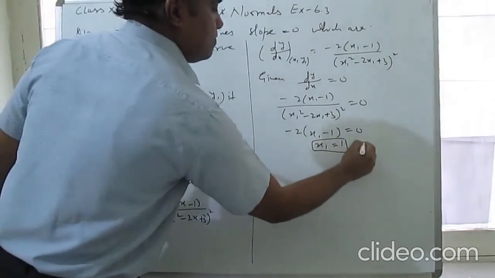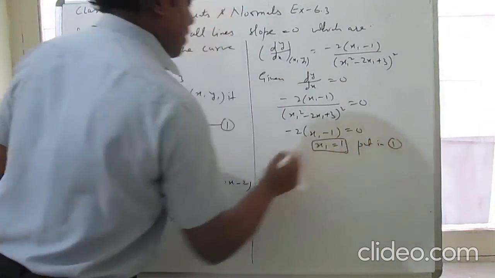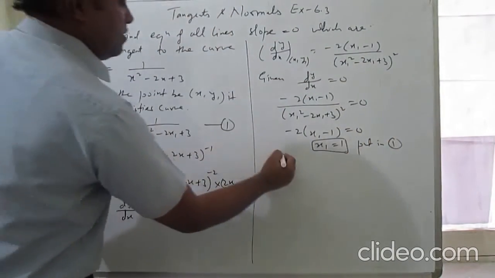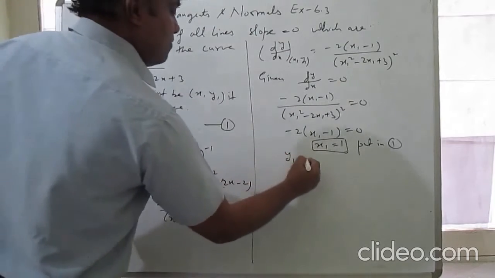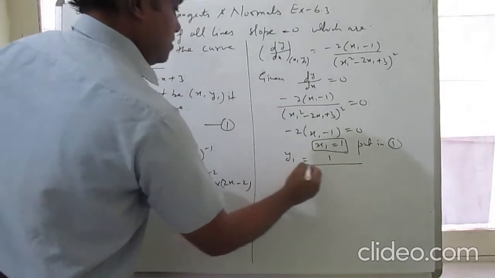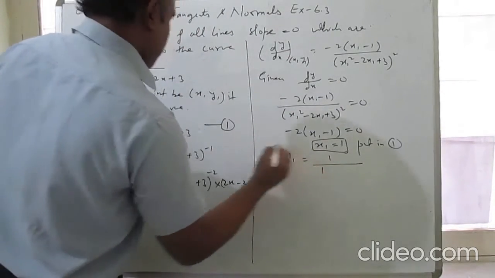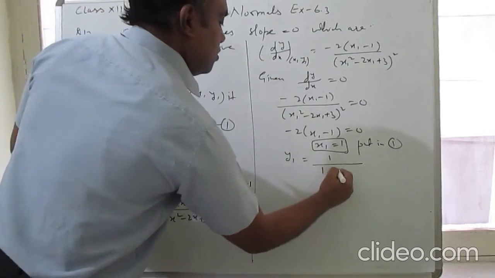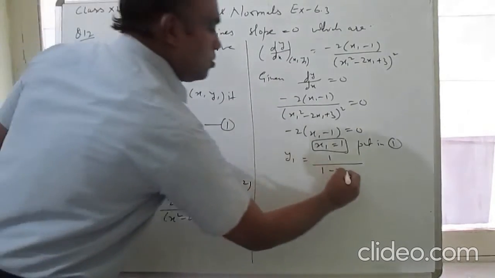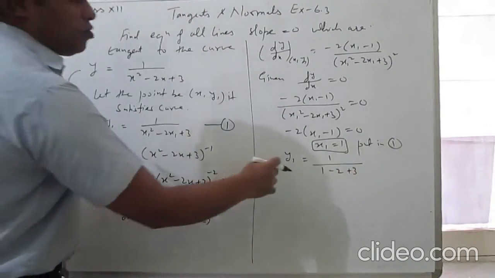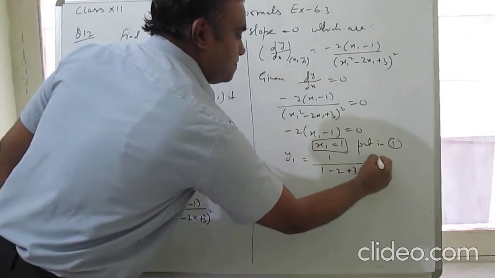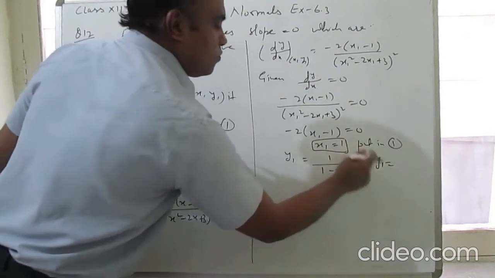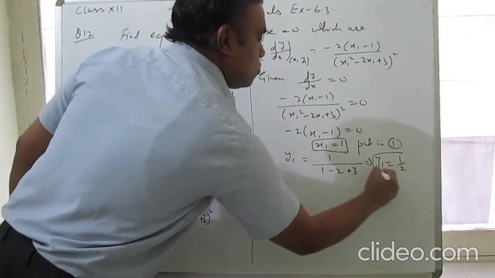Put in 1, you will get y1. You will get the points. y1 will be 1 square, which is 1, upon 1 minus 2 plus 3. So y1 becomes 1 by 2.